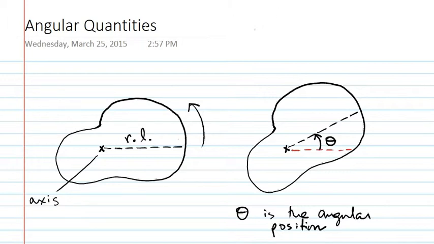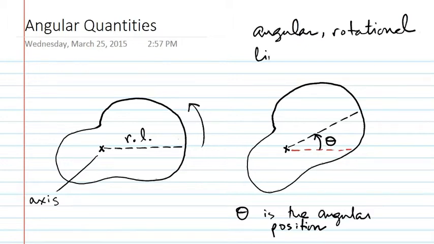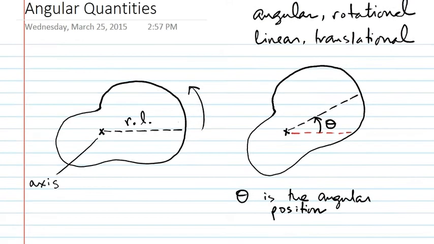So here, for the new quantities, we would either say angular or rotational, something to that effect. With the old quantities, often the words linear or translational are used, although I may still refer to the old velocity or regular velocity or something to that effect.